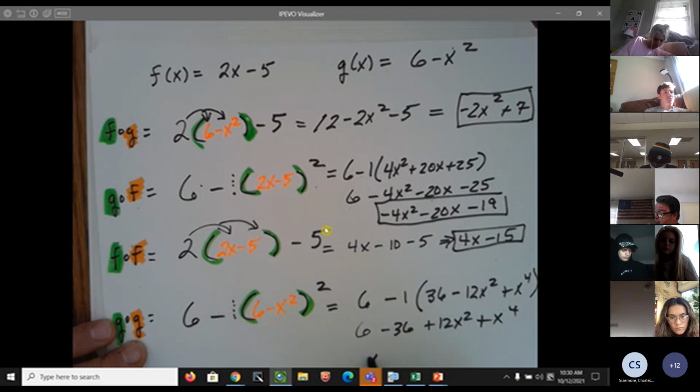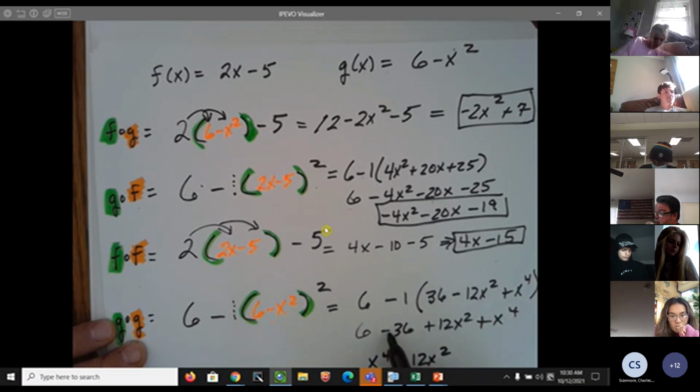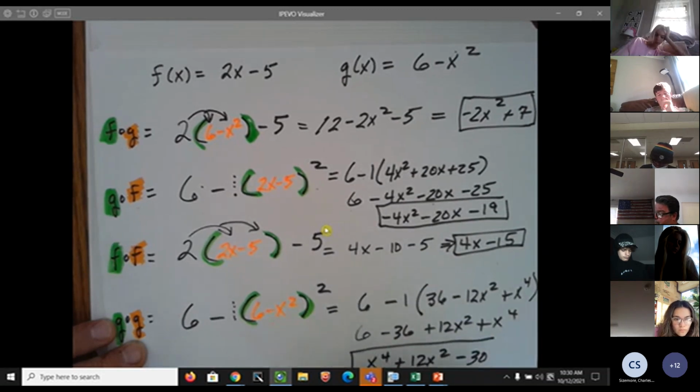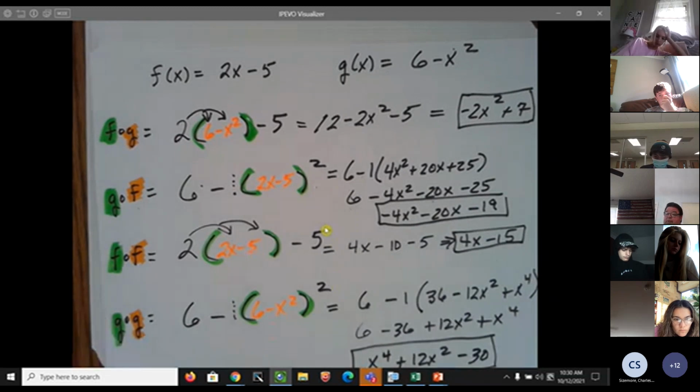And the final answer is negative x to the fourth plus 12x squared. Negative 36 plus 6 is negative 30. And those are examples of composition of functions that you should be able to do.